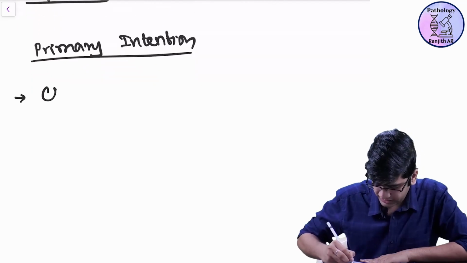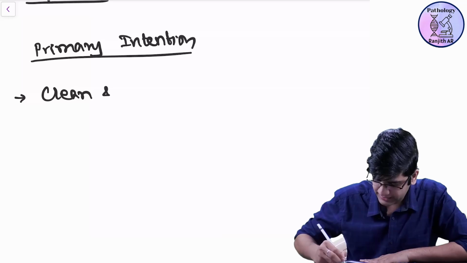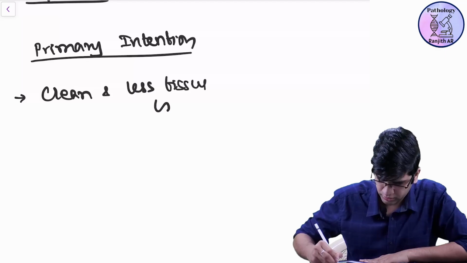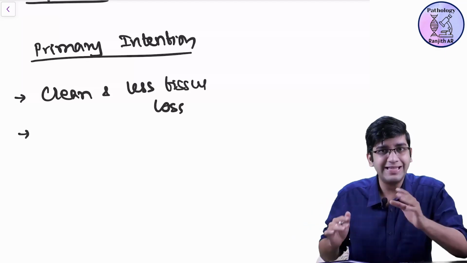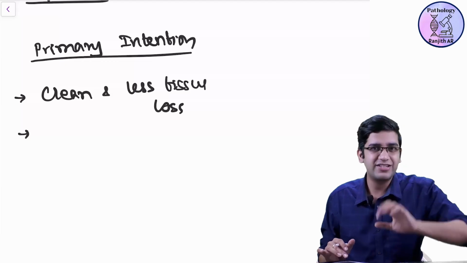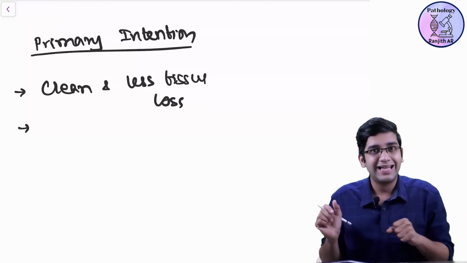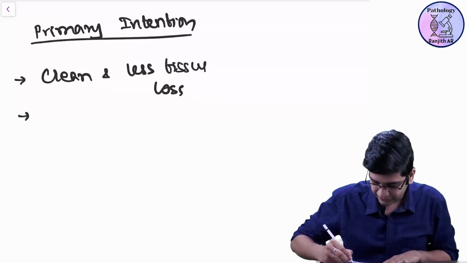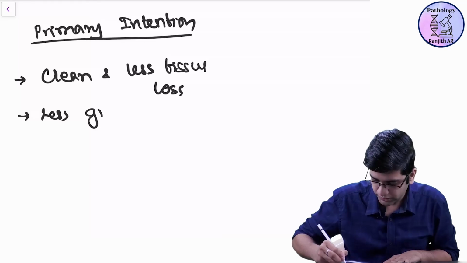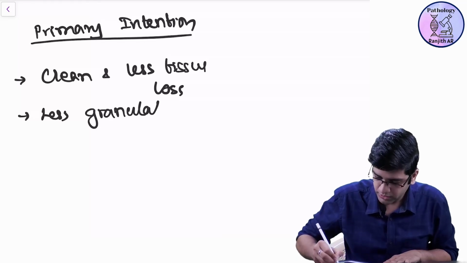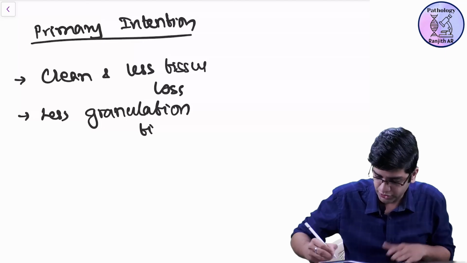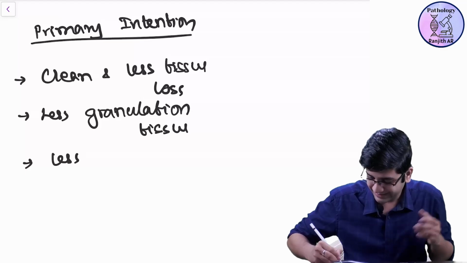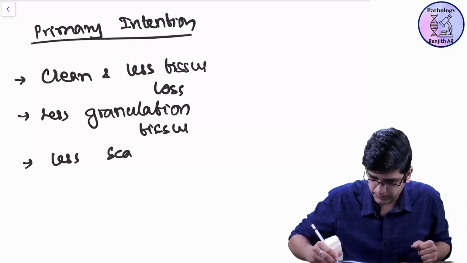Healing by primary intention means they are clean and have less tissue loss, which means less scar formation and less amount of one tissue called granulation tissue. We'll see them, right? So we'll have less granulation tissue. We'll see what they mean. And less scar formation as well.